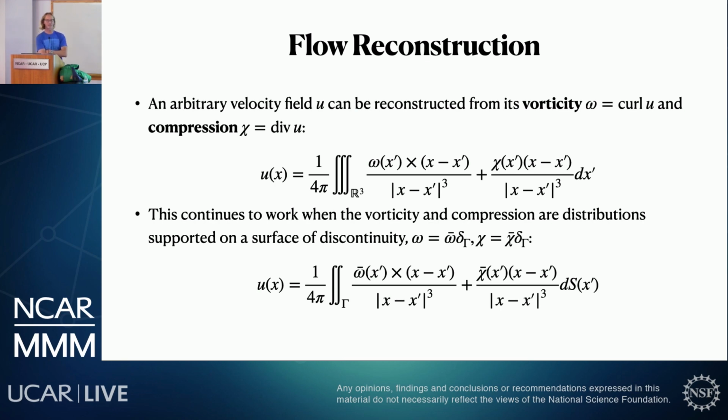This is a generalization of what is known as the Biot-Savart law. And you can restrict the vorticity and the compression, which I'm calling chi here, to be measures that just live on hypersurfaces. So you don't have to have vorticity defined in the bulk, for example. You can have it defined on that complicated surface, and you can reconstruct the velocity everywhere using a formula of this type.